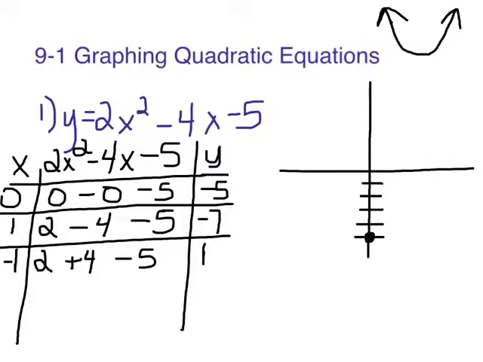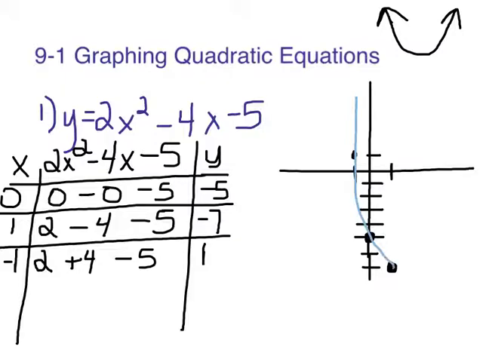Then we have 1, negative 7. And then we have negative 1, 1. So far, our parabola looks like this.